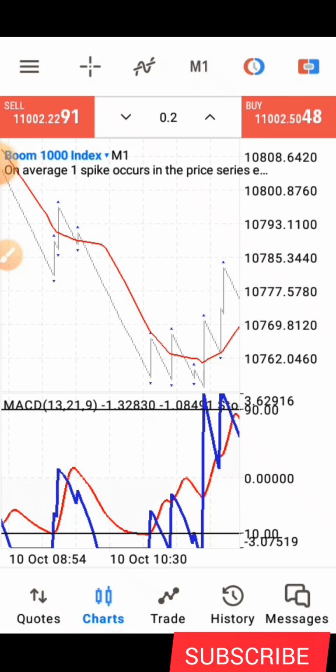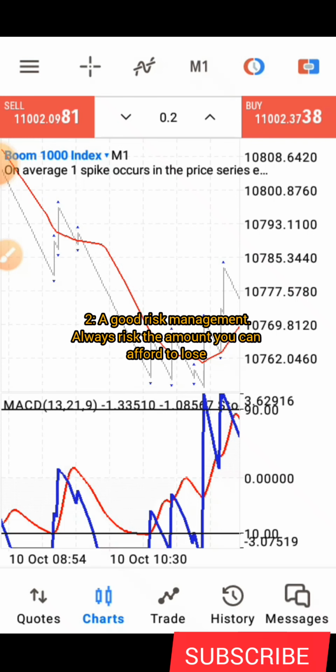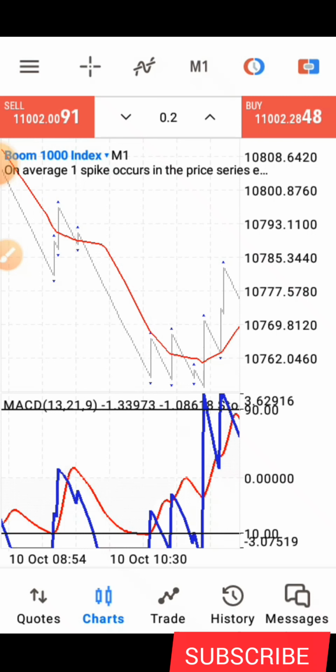The market is not meant to give us money, it is there to actually take our money. So you need something that has an edge over the market. Now you have a good strategy, the next thing you need is risk management. If a trade is going against you, the money you are losing should be something you can afford to lose. Don't risk more than you can afford to lose. You need to apply something so that whenever a trade goes against you, it will not shake you.